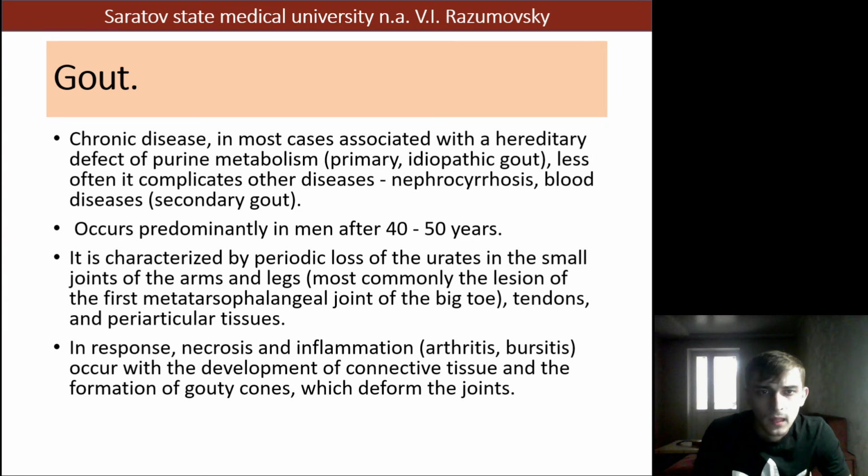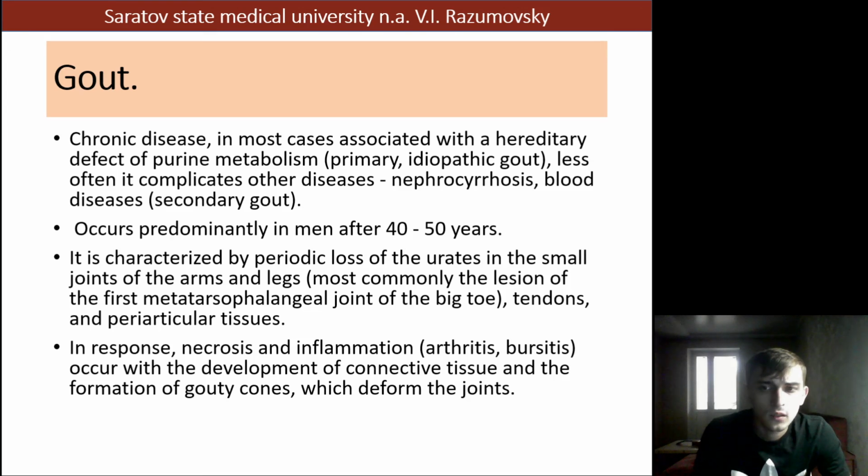It occurs predominantly in men after 40 or 50 years. It's characterized by periodic loss of urates in the small joints of arms and legs, tendons, and peripheral tissues. In response, necrosis and inflammation occur with development of connective tissue and formation of gouty tophi, which deform the joints.